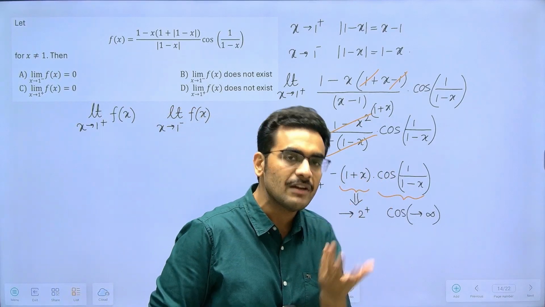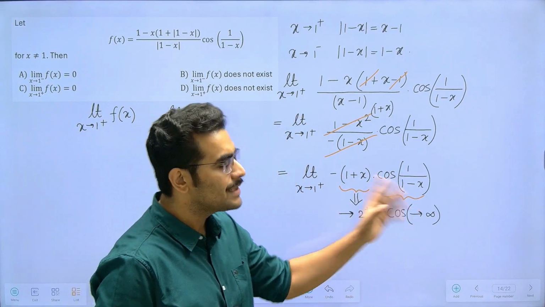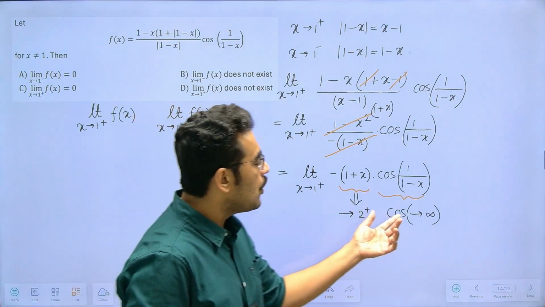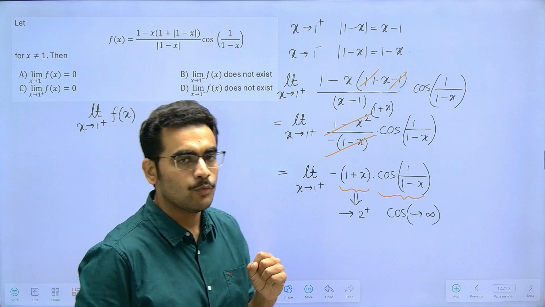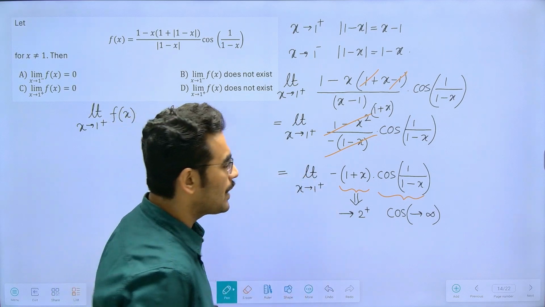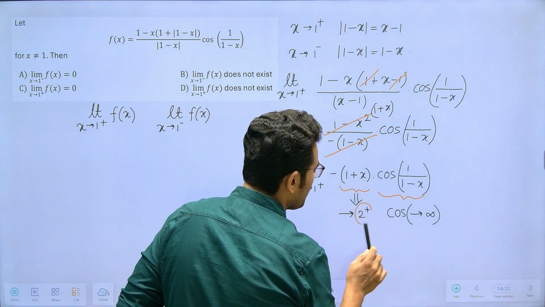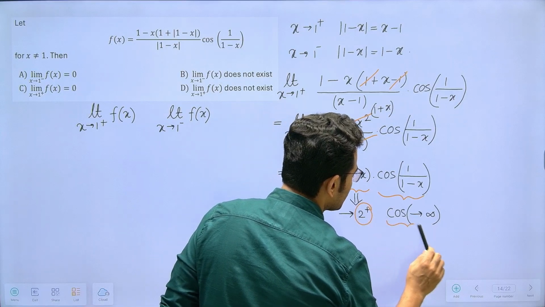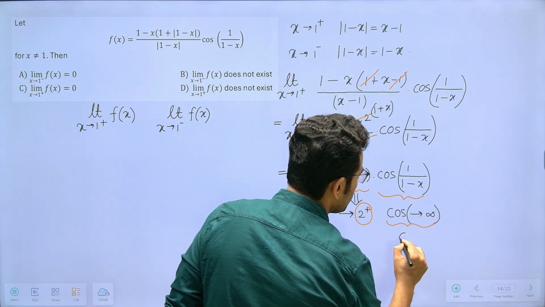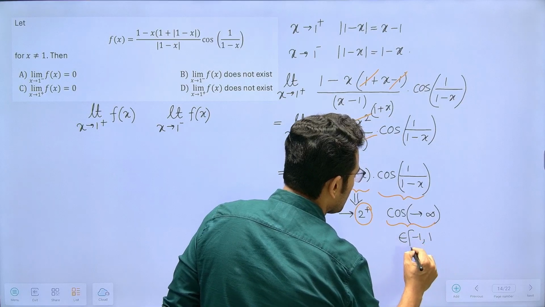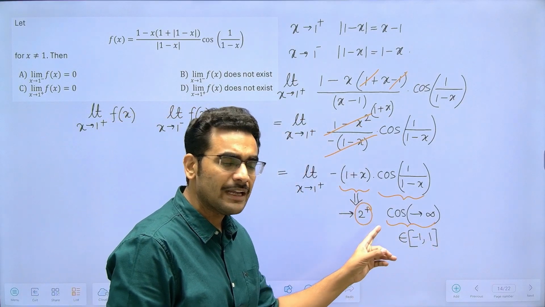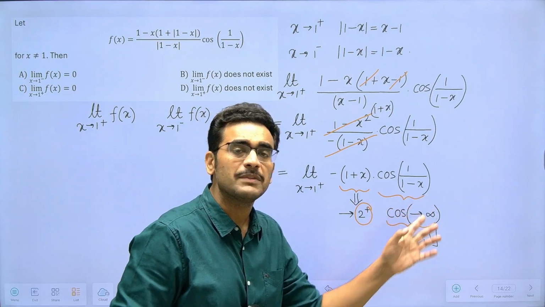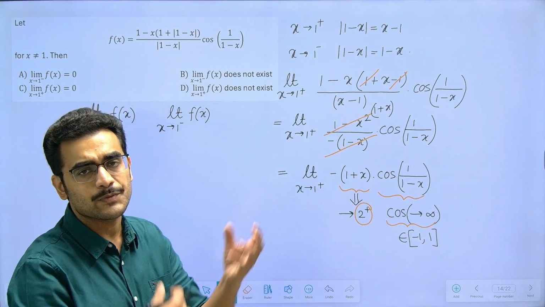Actually, cosine is an even function, so it doesn't matter. You can write it as plus infinity also. So, cos of the angle tends to infinity. We cannot say what is the limiting value because it will oscillate between minus 1 and 1. So, this is tending to 2 plus, but this quantity will oscillate between minus 1 and 1. So something tending to a non-zero finite value into something oscillating between two values minus 1 and 1.